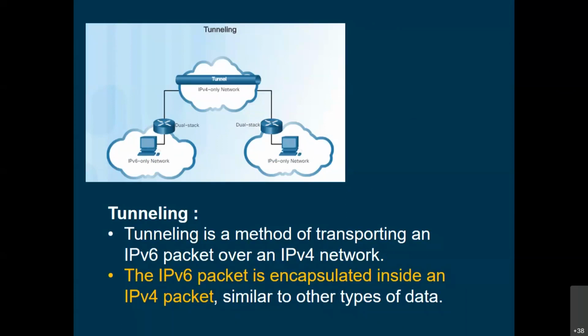Before this, we looked at how data is encapsulated with the transport layer and then the network layer and so on. But here, the IPv6 packet with all its data inside is encapsulated into IPv4. And that is what you call tunneling. It is using IPv4 as a tunnel.